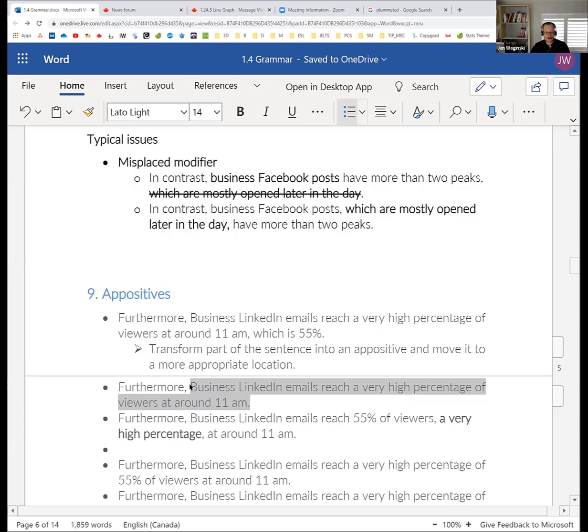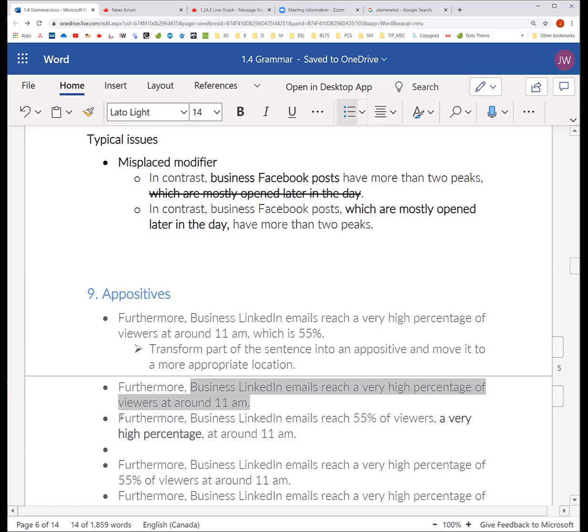Where should the 55% go in here? After reach. Where else could it go? At the beginning. No. What does the 55% refer to?